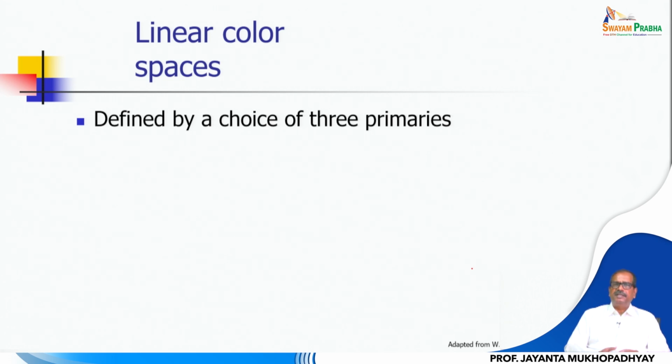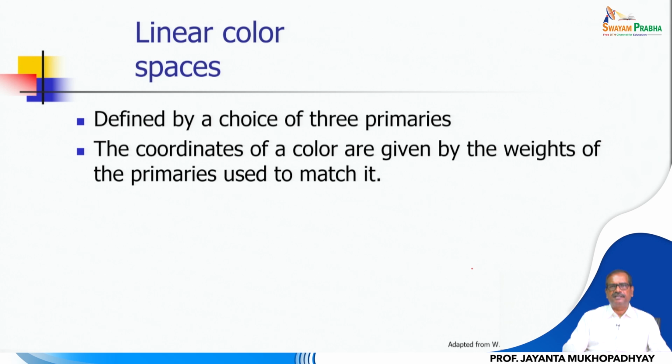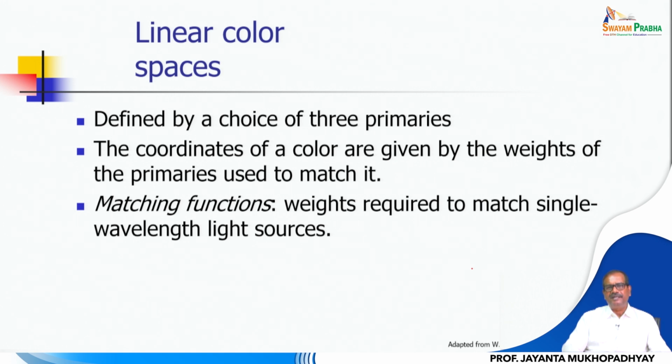Because of this linearity, we talk about linear color spaces, in 3 dimensions because we apply 3 primaries. So we consider a 3-dimensional vector space, and the coordinates of that space represent some color. The matching functions are the weights required to match single wavelength light sources, which is the color chart I just mentioned.